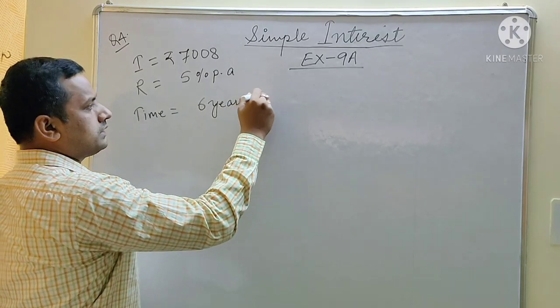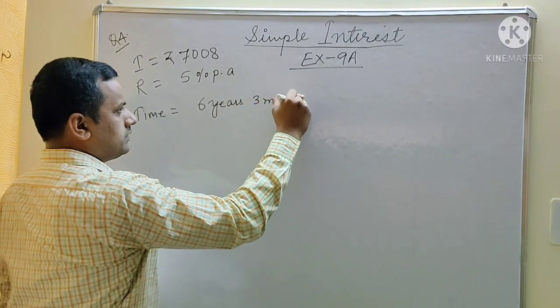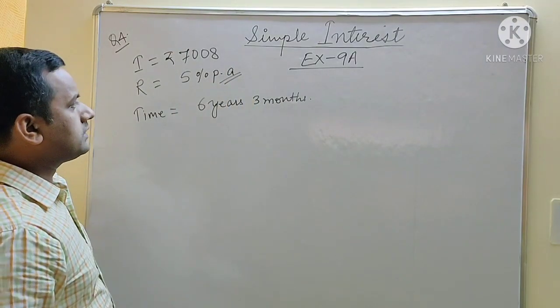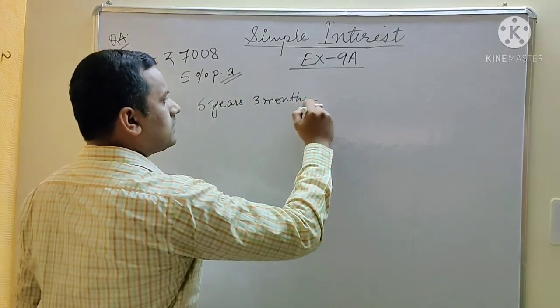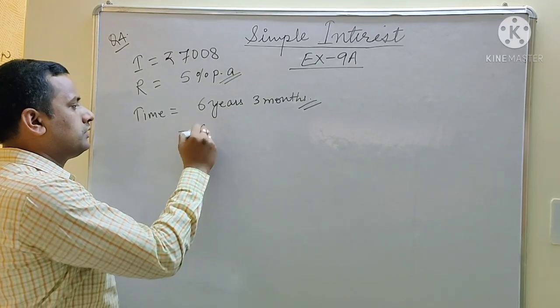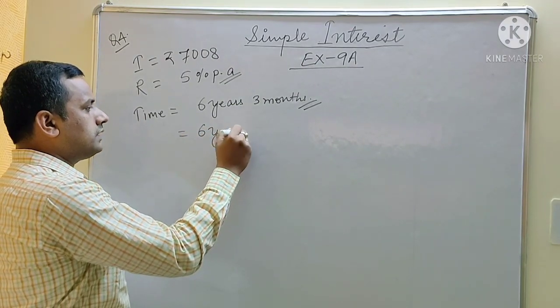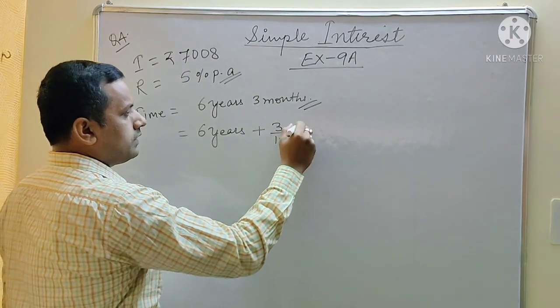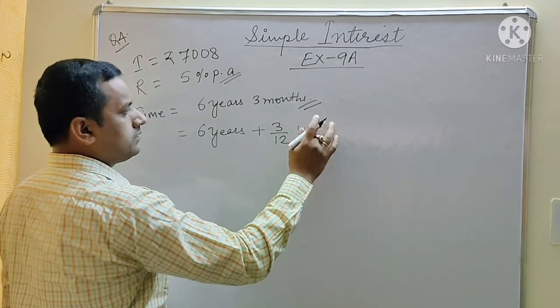6 years 3 months. Now here you can see the rate is given per annum, that is year, so we have to convert the time also into years. So we can write it as 6 years plus 3 by 12 years.